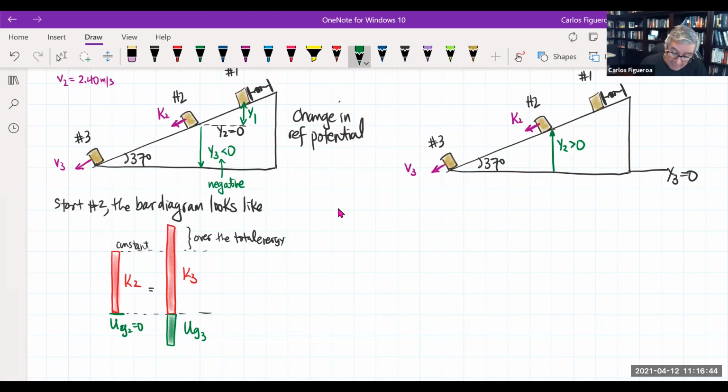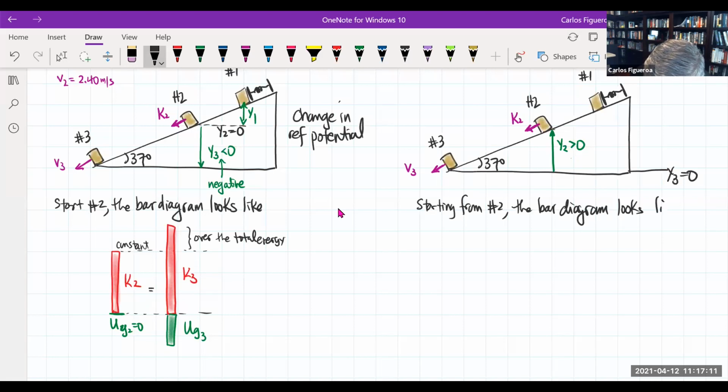On the other hand, we could do the following thing. We could come over here again, starting from point 2, the bar diagram looks like what?